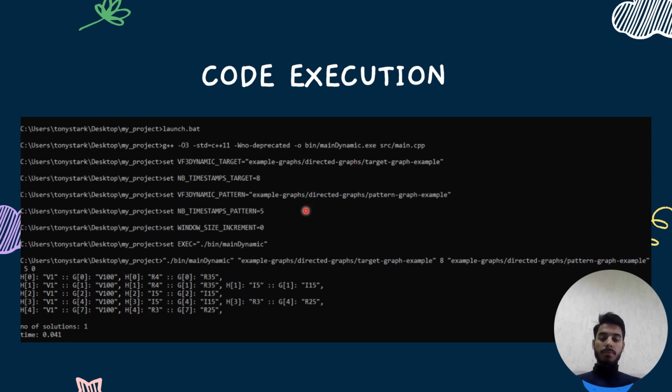Then I looked at the pattern first by looking at inputs, output, solution time, and what conclusion I came up with: that the time was 0.0141 seconds, and there were five snapshots.